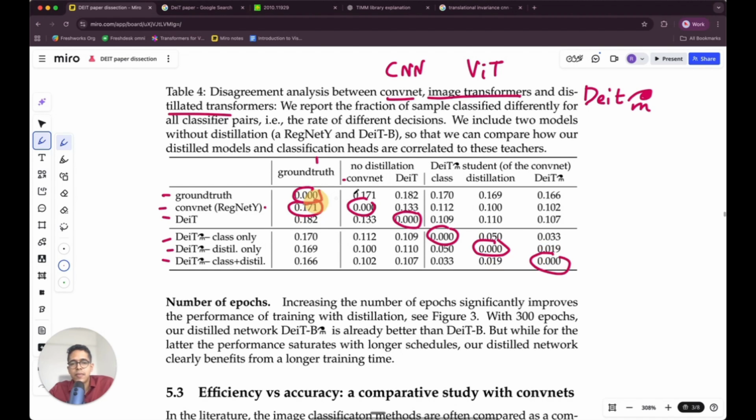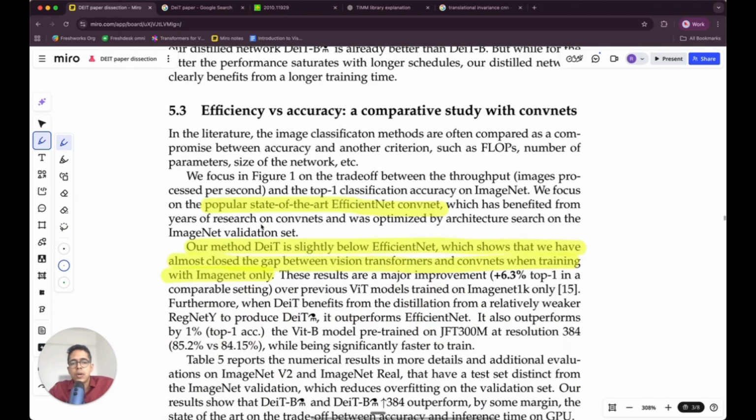And obviously there will be symmetry. So this value will be the same as this, because this is the disagreement between ConvNet and ground truth, and this is also the disagreement between ground truth and ConvNet. So the disagreement between ConvNet and ground truth is the same as that between ground truth and ConvNet, right? So its transpose is the same as itself. But what we want to focus on is what was mentioned in the text.